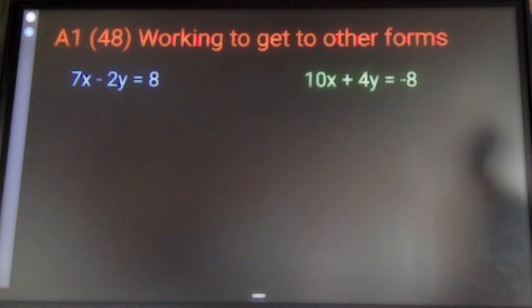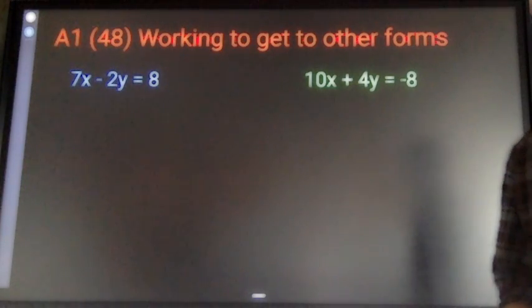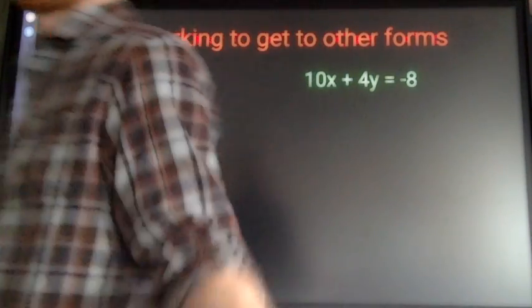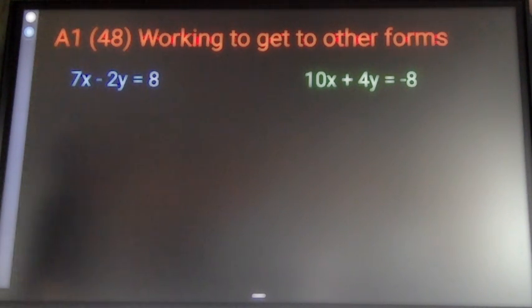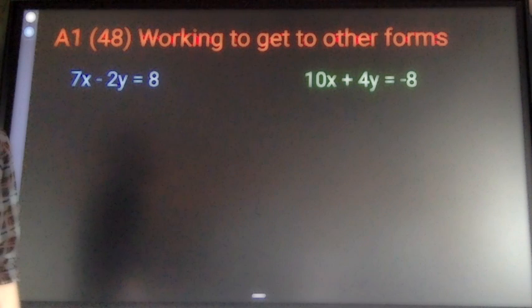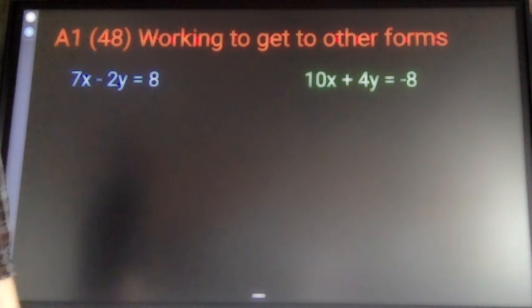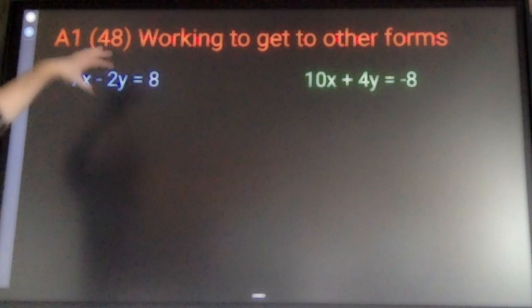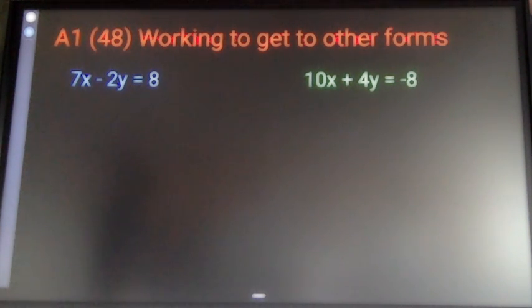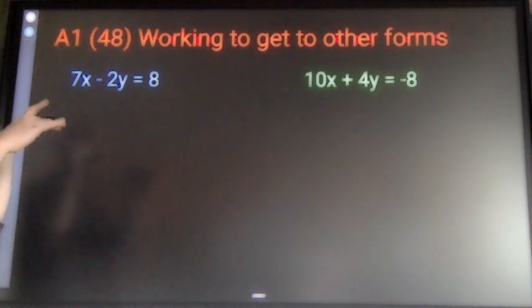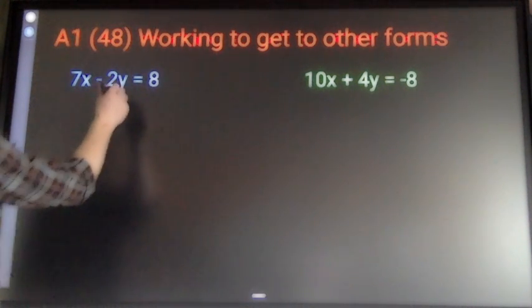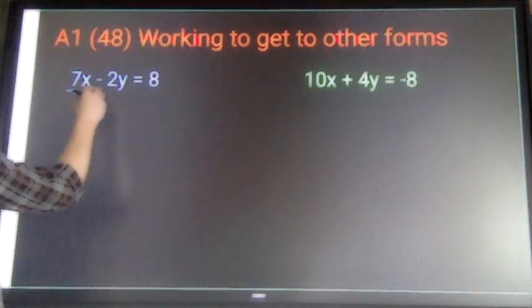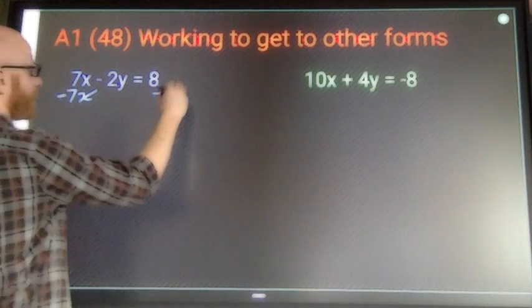Last component that you've got to be able to deal with in standard form is, I want you, if you're given something in standard form, to turn it into the other forms. So if I want to turn this into, usually the easiest form to go to from standard form is going to be slope-intercept form, which means basically you just isolate y. Okay, so I want to get y by itself. I will subtract 7x from both sides.